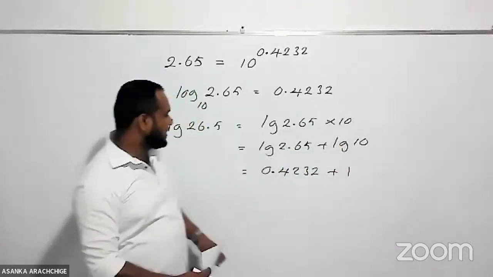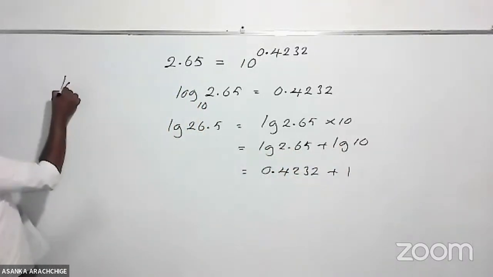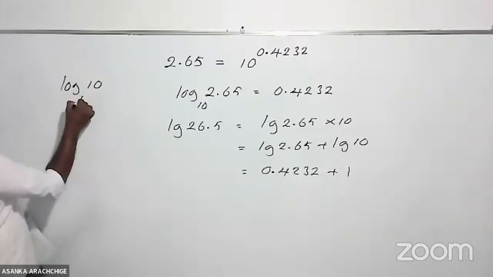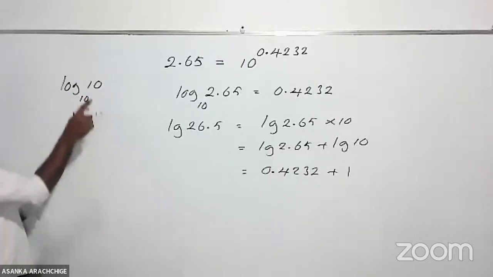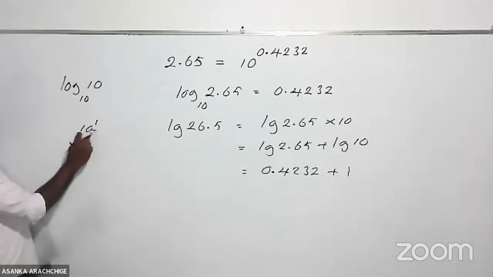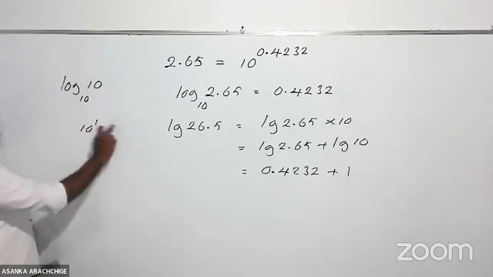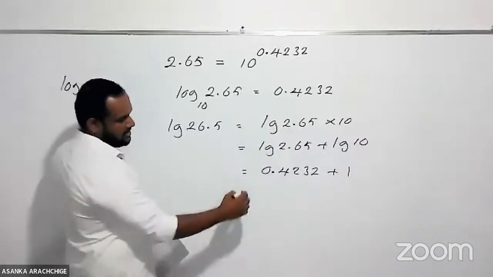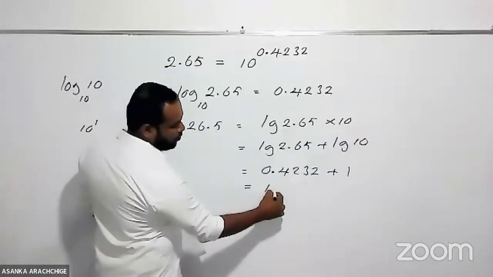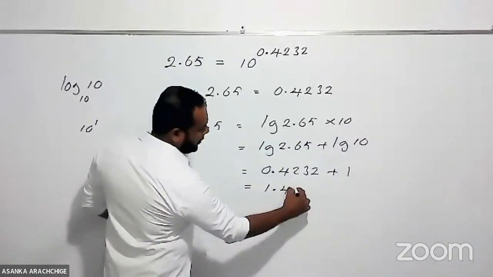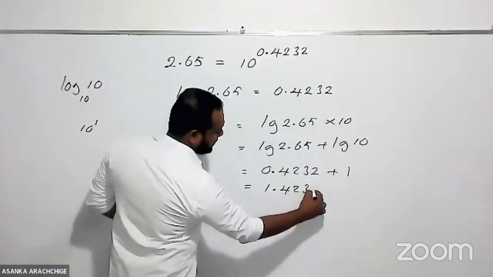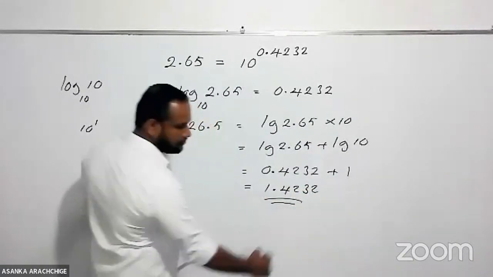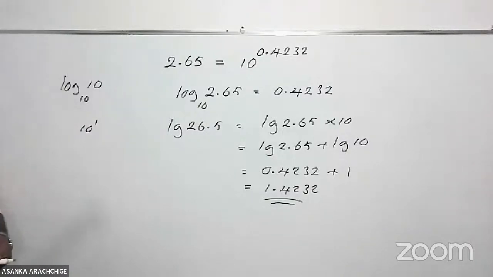LG 10 means logarithm of 10 to the base 10. If 10 is written as the power of 10, 10 to the power 1 is 10. Therefore, the index is the answer. Therefore, the final answer is 1.4232.